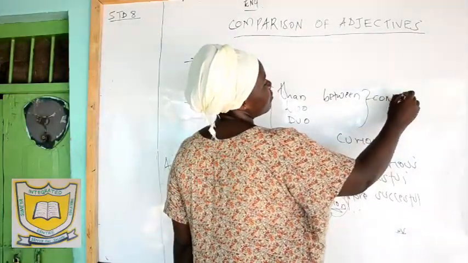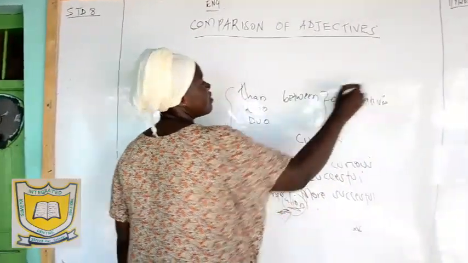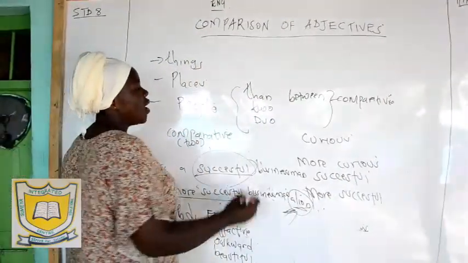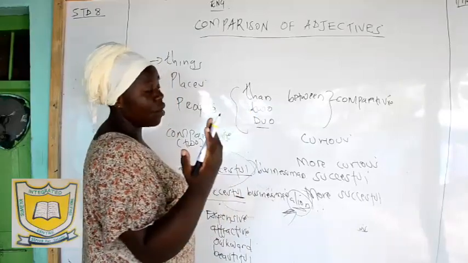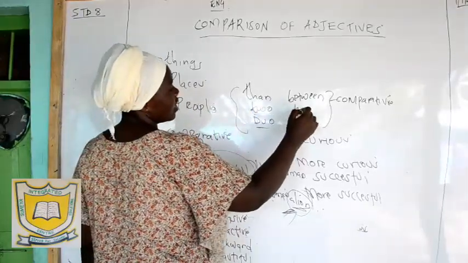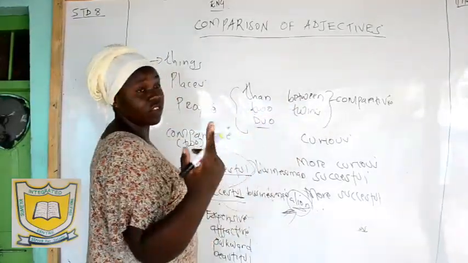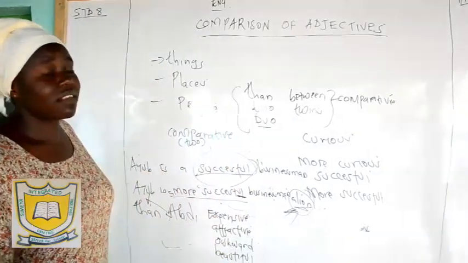For the comparative form of the adjective. Why? Duo simply means double, and two can have here twins. Twins are two children who are born at the same time.